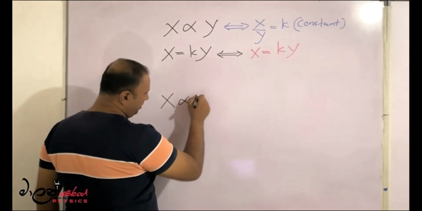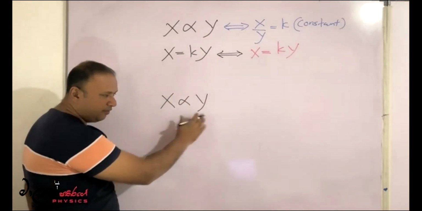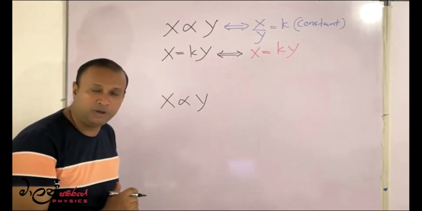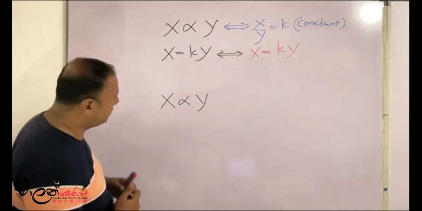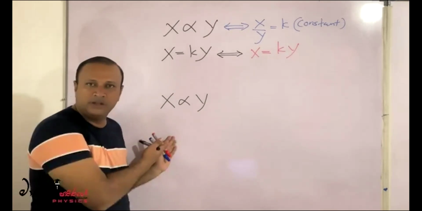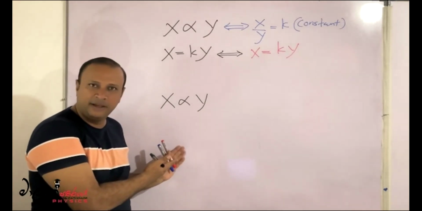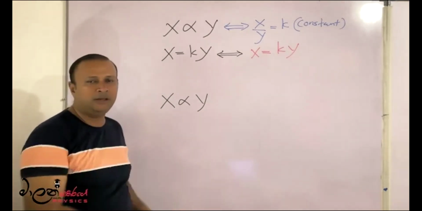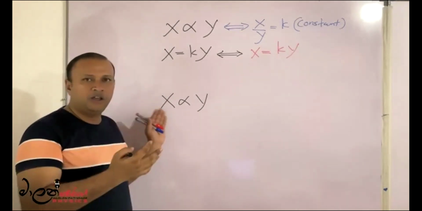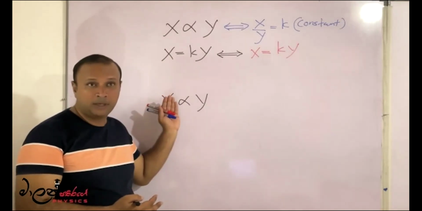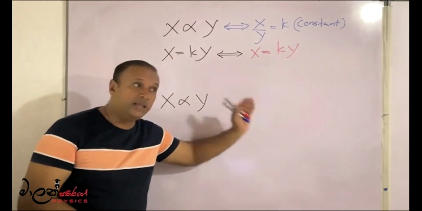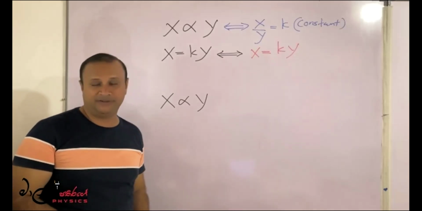If you are given a relationship like this, you can convert this relationship into an equation. Because if you are given a relationship, you cannot do any mathematical operation on it. This is just a relationship. So you have to convert it into an equation, and then only you can do some calculation.